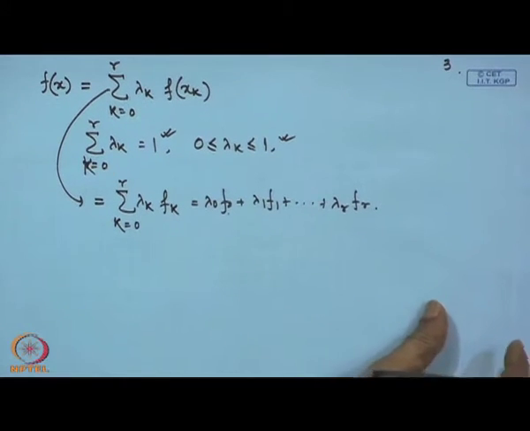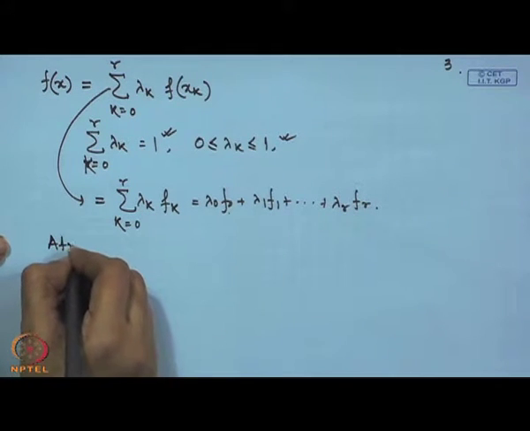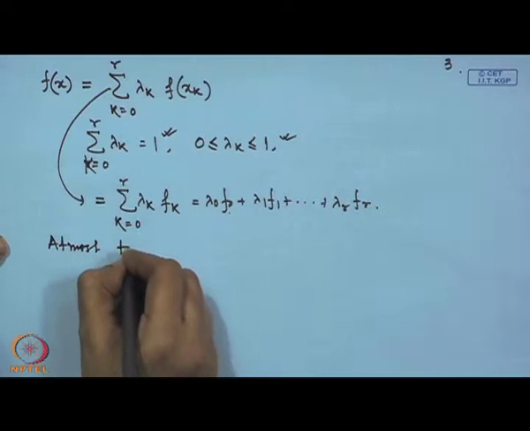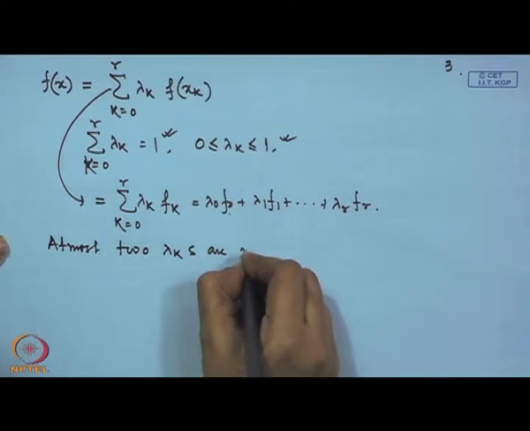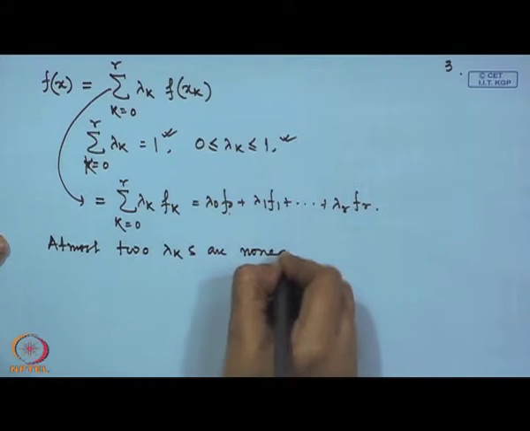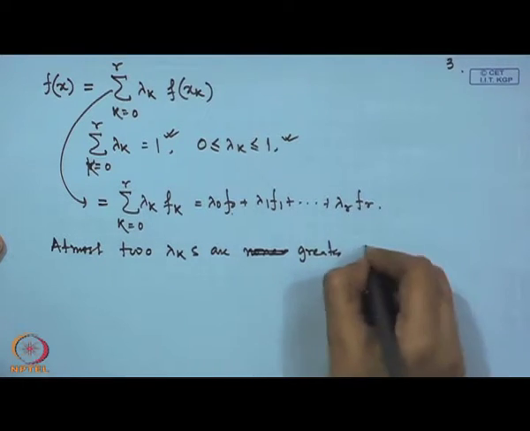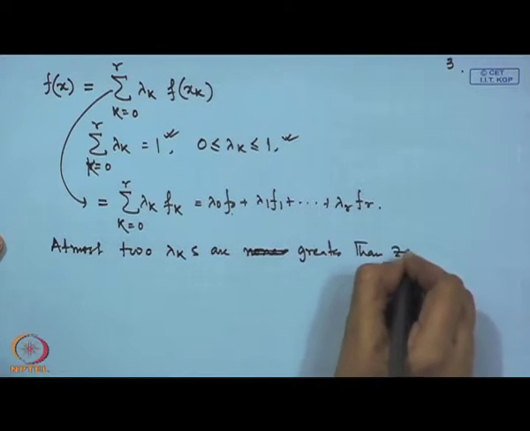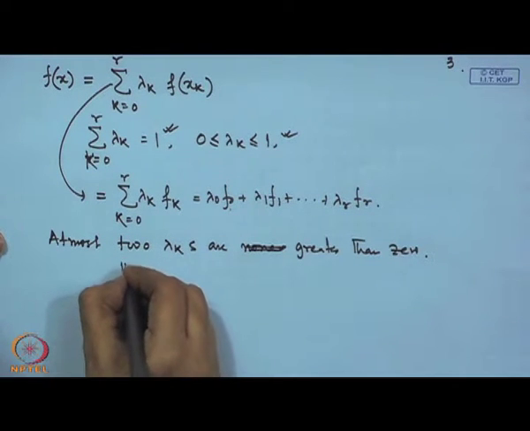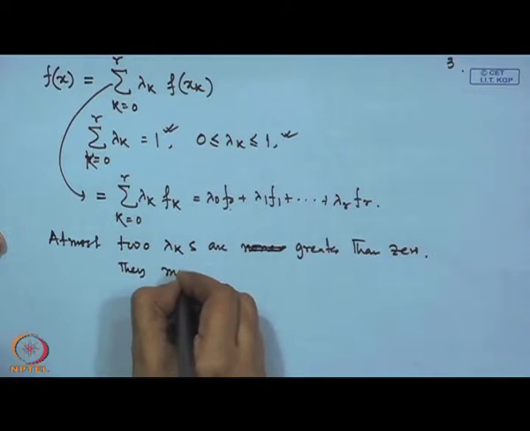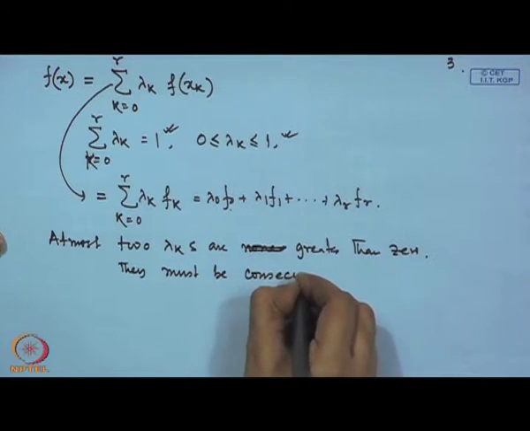And again the same condition we have to impose here, that at most 2 lambda_k's are non-negative, rather greater than 0, and if so, they must be consecutive.